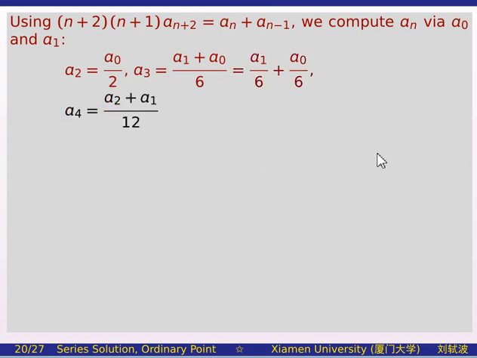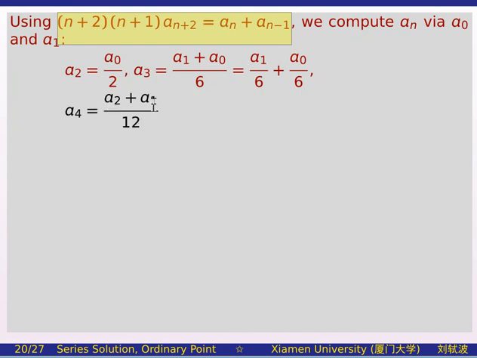And then a4. For a4, we take n equal to 2 in this relation, then a4 is (a2 plus a1) divided by, when n equal to 2, the coefficient on the left hand side is 4 multiplied by 3, that is 12. So a4 is (a2 plus a1) over 12.